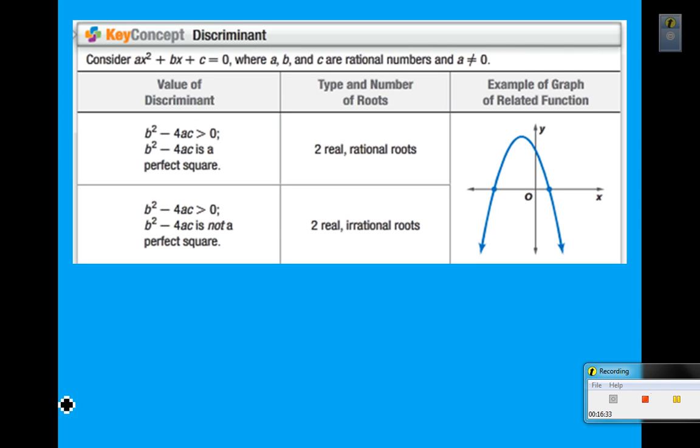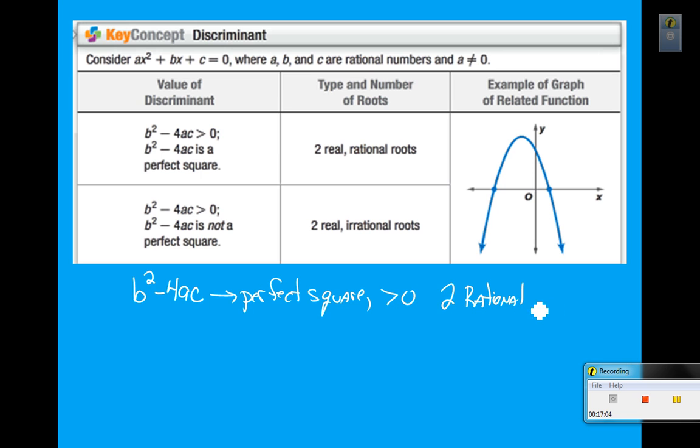Some rules on the discriminant, and I'll kind of put them here just in layman's terms. If the value of b squared minus 4ac is a perfect square that's greater than 0, it's got to be a perfect square, and it's got to be more than 0, then there's going to be 2 what we call rational solutions, or roots.